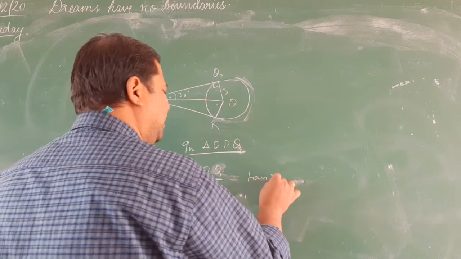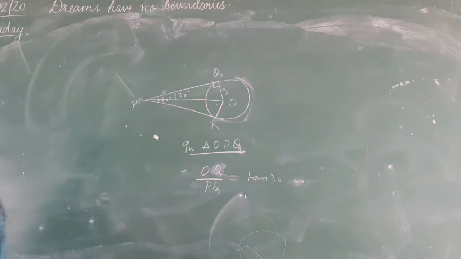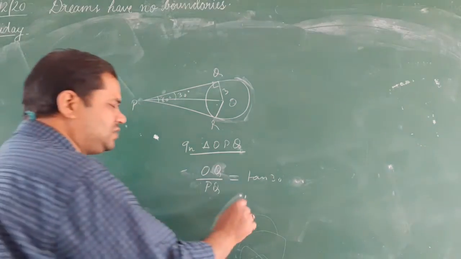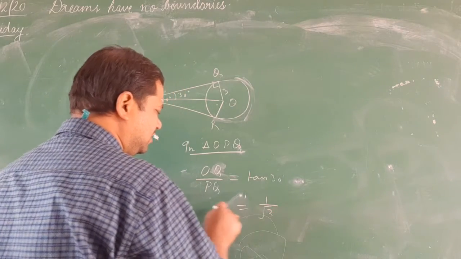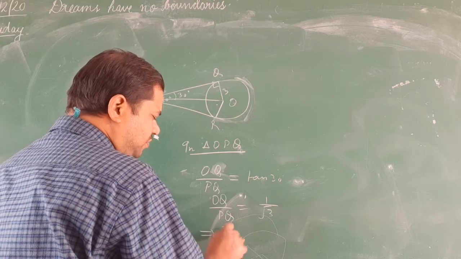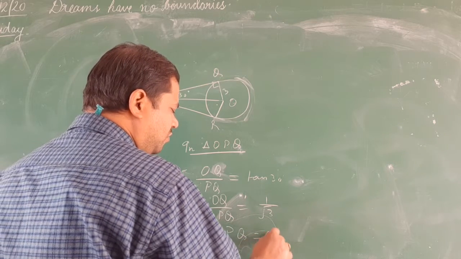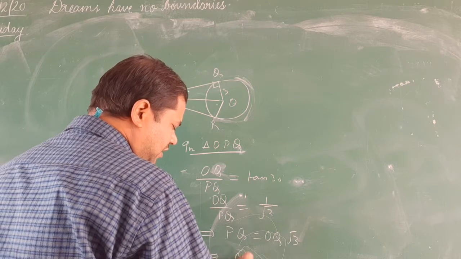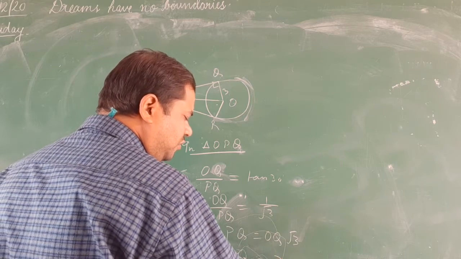Tan 30 degree, na? According to trigonometry. So tan 30 is what? 1 by root 3. So OQ upon PQ is 1 by root 3. So PQ is nothing but what? OQ into root 3. So PQ is nothing but 3 root 3.